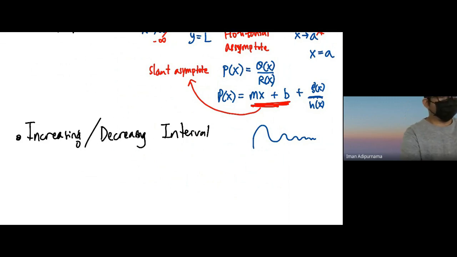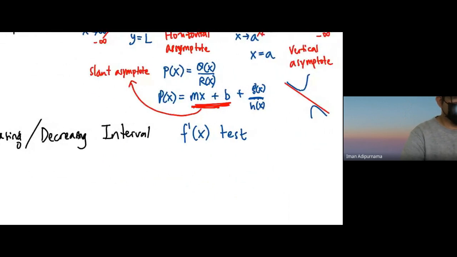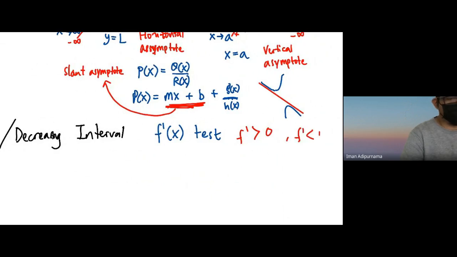So we need to find when the function increases and when the function decreases through the f prime test, the first derivative test. So check whether it's positive or negative.